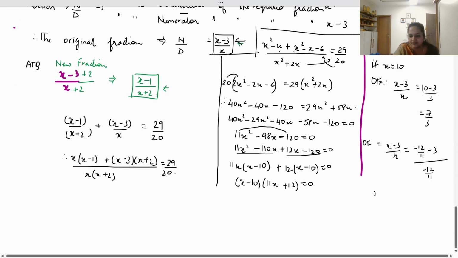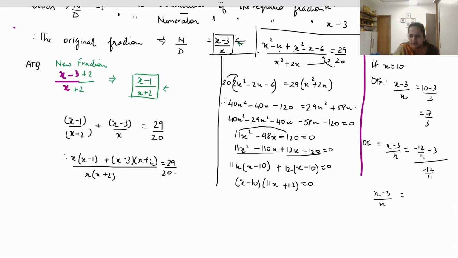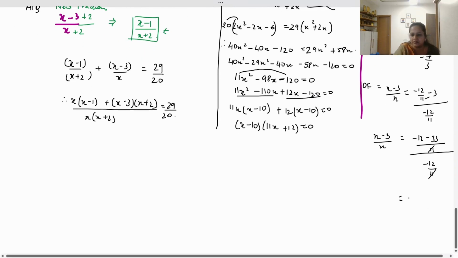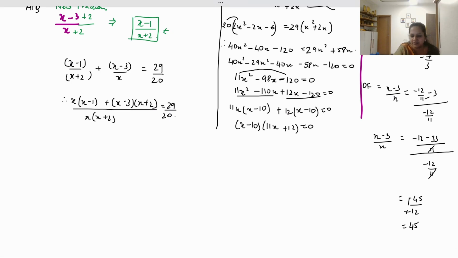When we simplify, in the numerator we have minus 12 minus 33 upon 11 divided by minus 12 by 11. 11 gets cancelled and we get minus 45 upon minus 12. The negative cancels and we get 45 by 12.